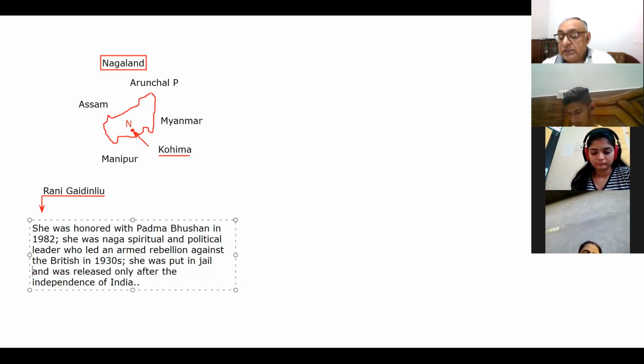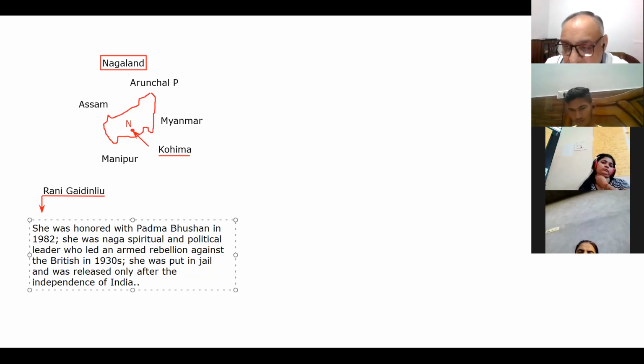And for that, she had to suffer in jail till the independence of India. She was freed only after India became free. So this is also an important figure in Nagaland history, and you must bear it in mind.